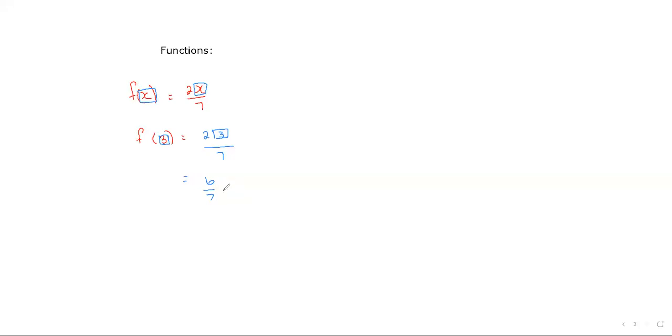Now we're going to look at a part of it known as a function of a function, or a composite function. Basically, when you have a composite function, you have a function within another function.